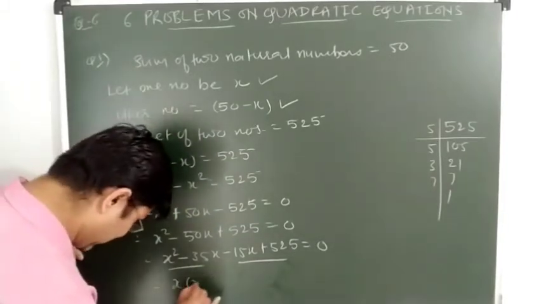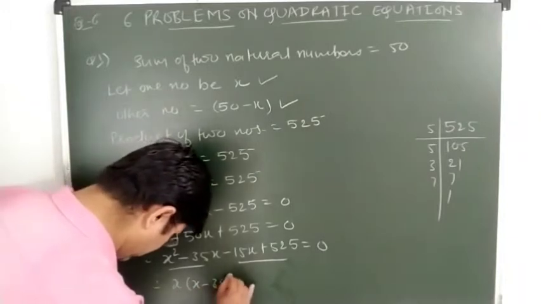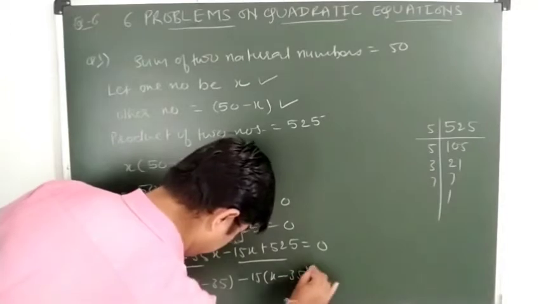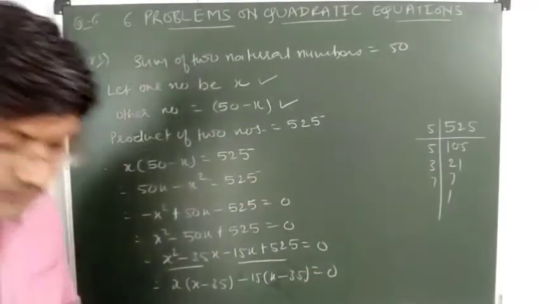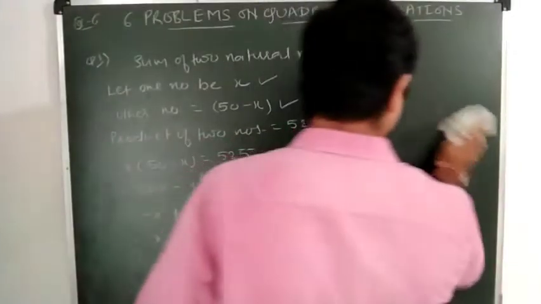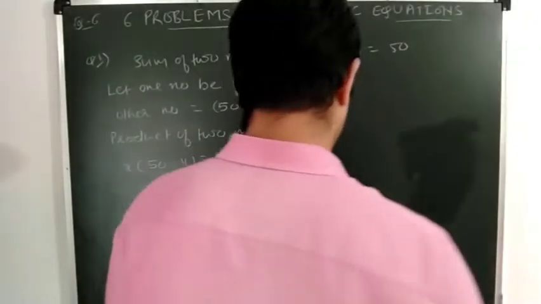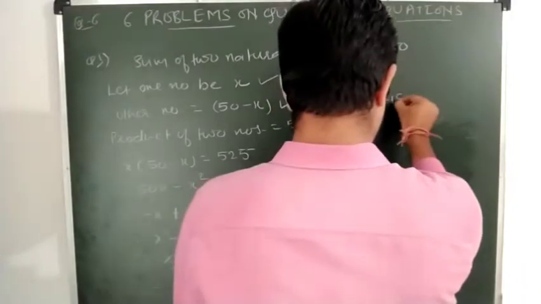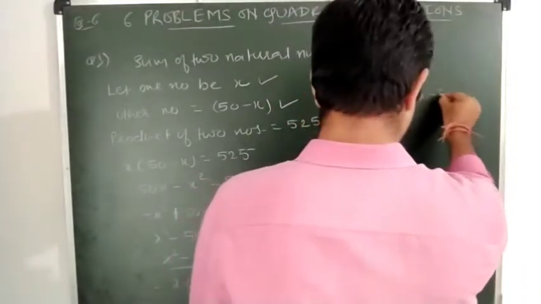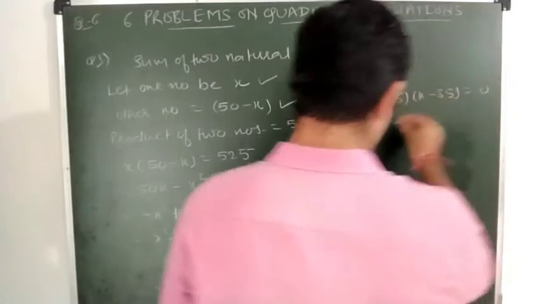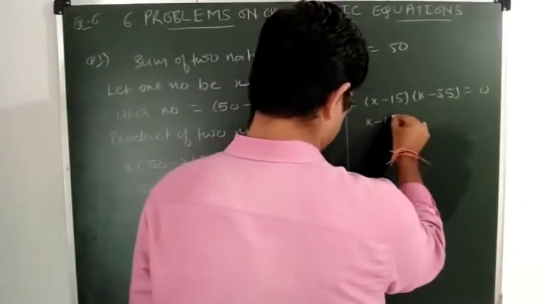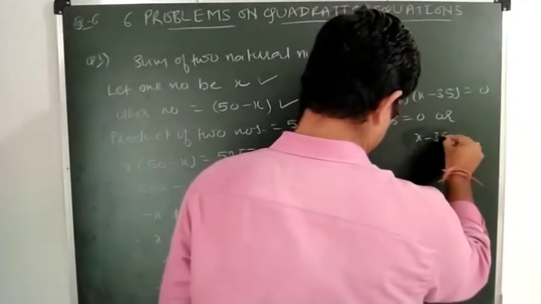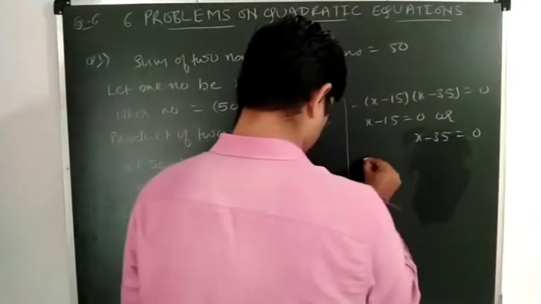Now you know further how to solve the quadratic equation. So we can solve this. Therefore x minus 15 is equal to 0, or x minus 35 is equal to 0.